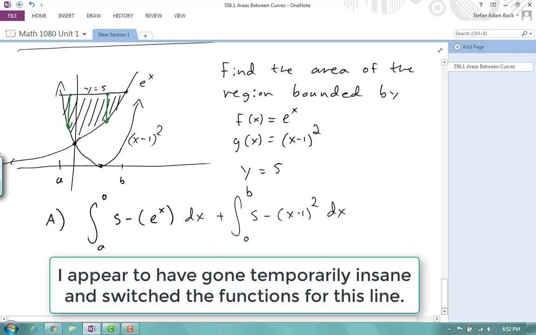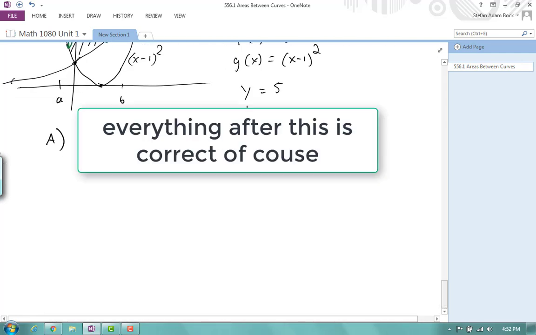So I'll go ahead and find out what those intersection points are. a is where x minus 1 quantity squared is equal to 5, which means x minus 1 is equal to plus or minus the square root of 5, or x is equal to 1 plus or minus the square root of 5.